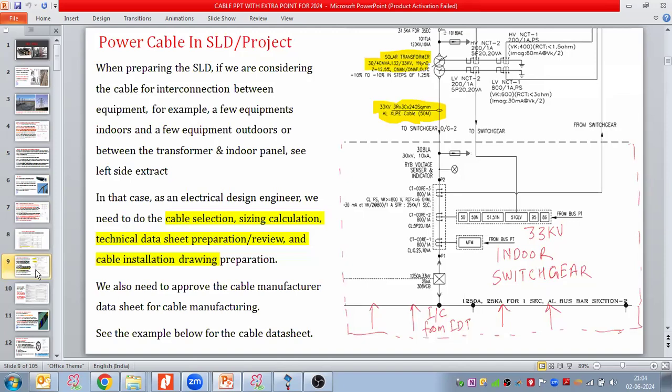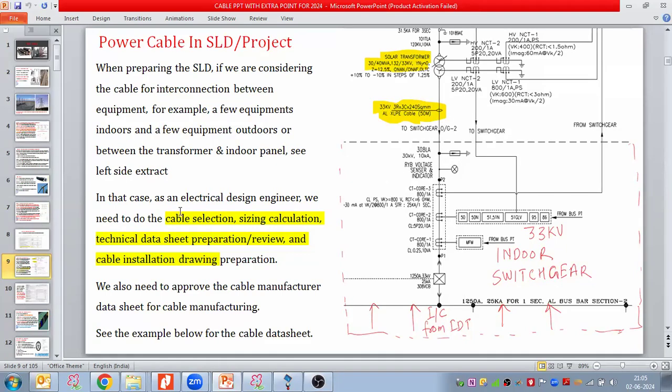After that, we took an extract, a snapshot of the SLD. In that, we discussed that if we have some equipment indoor and some equipment outdoor, and we need to interconnect both, then we require cables. When we are preparing the SLD, at that moment we also have to indicate the cable type and cable size.